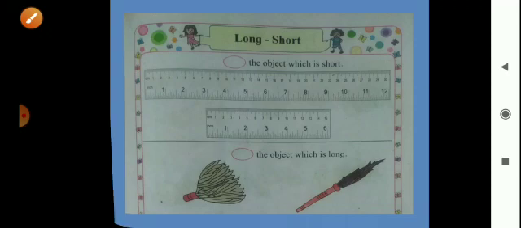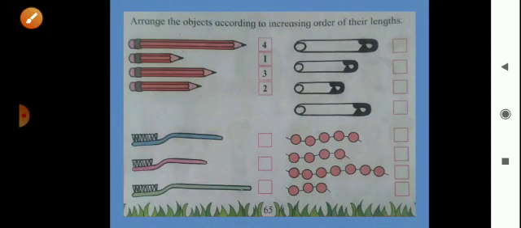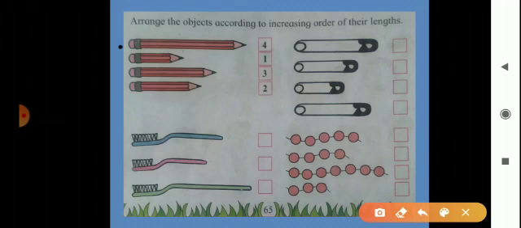So next examples. Here is arrange the objects according to increasing order of their lengths. Here first example of pencil. And it's done for us. We can see pencils.